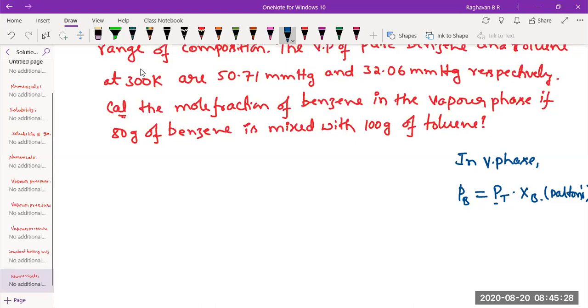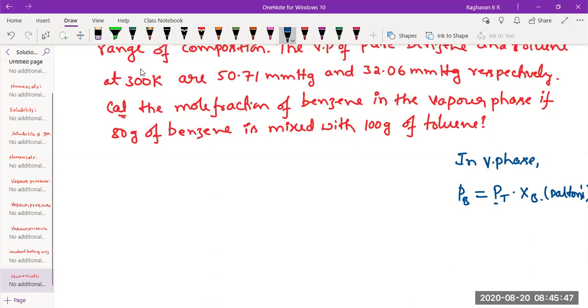Again, PT means total. You have to differentiate between total and toluene here. You write toluene with small t and total P with capital T. So P capital T is equal to PB plus P small t.